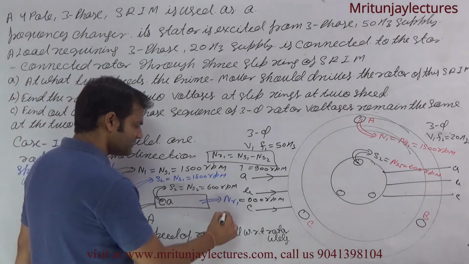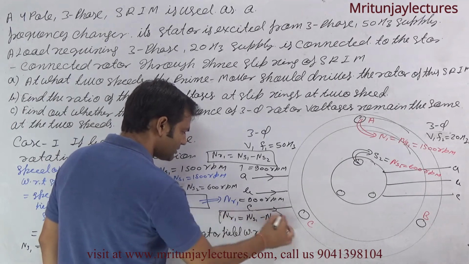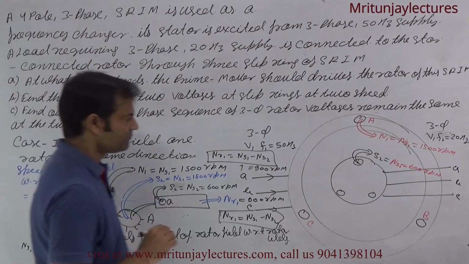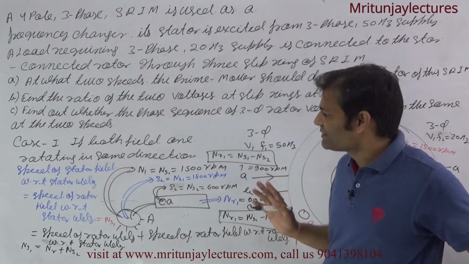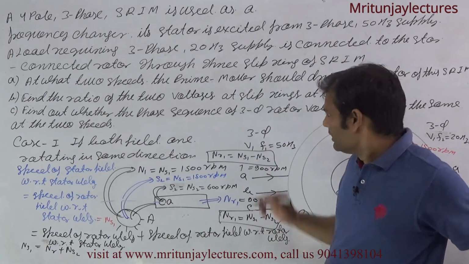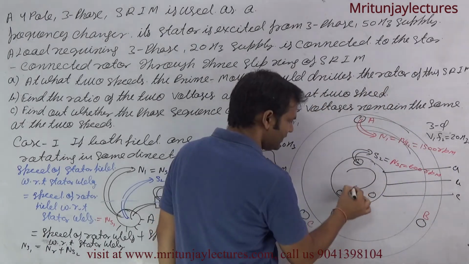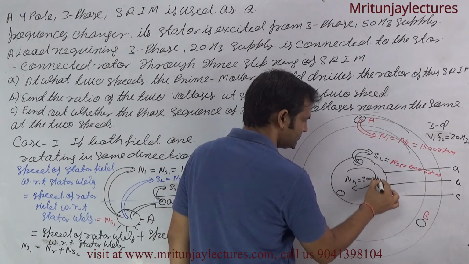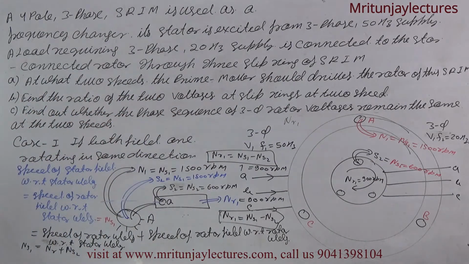It means NR1 is written as NS1 minus NS2. Clear? So if both are rotating in the same direction, the rotor rotates in the direction of the stator field at 900 RPM. Clear?